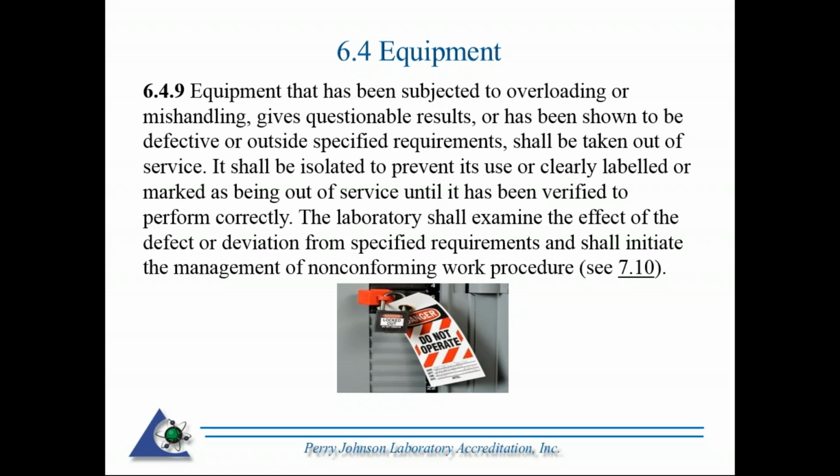So if a piece of equipment is out of service, not operating correctly, it needs to be readily identifiable. It should be labeled, ideally isolated, to prevent usage of the equipment until it can be found to be operating correctly and producing the required readings and results, and any predefined limits which were not being met previously are now being met.